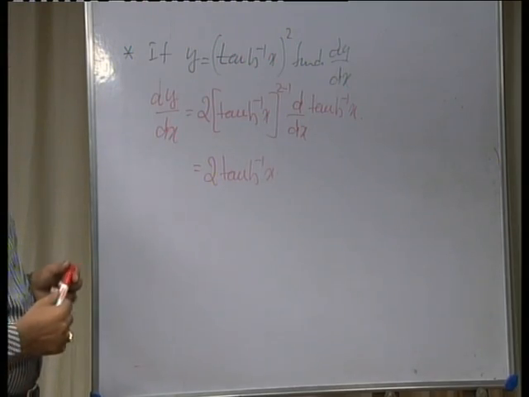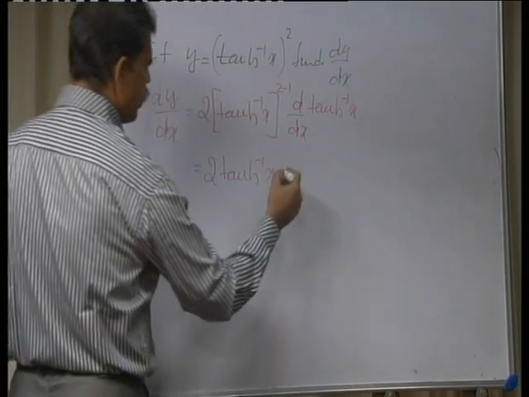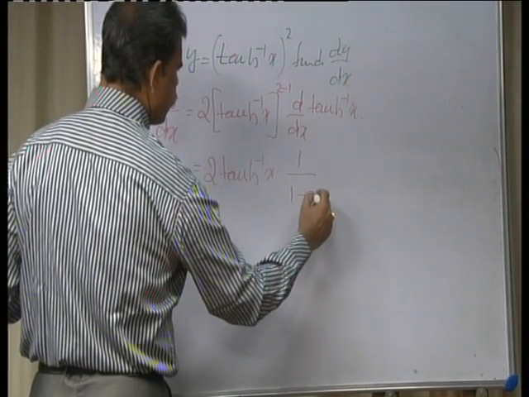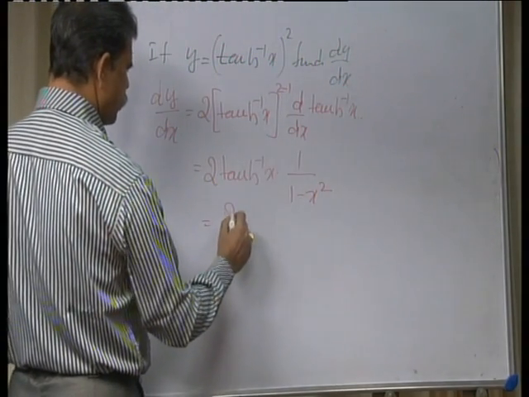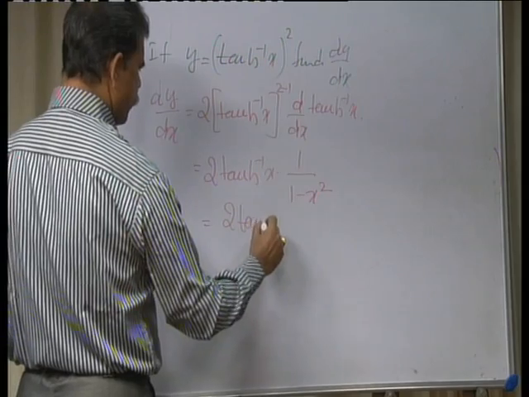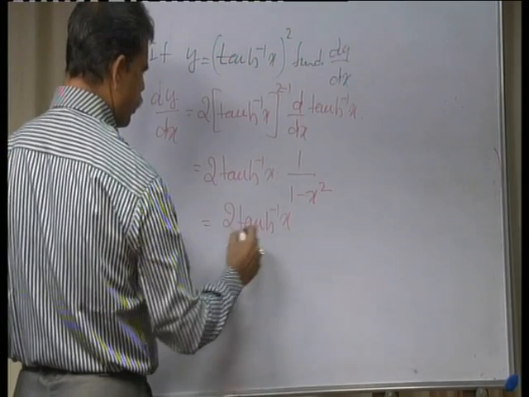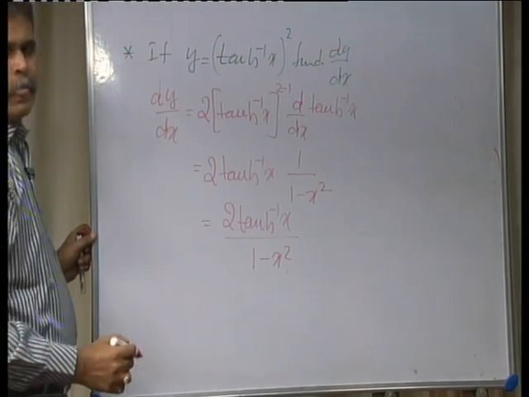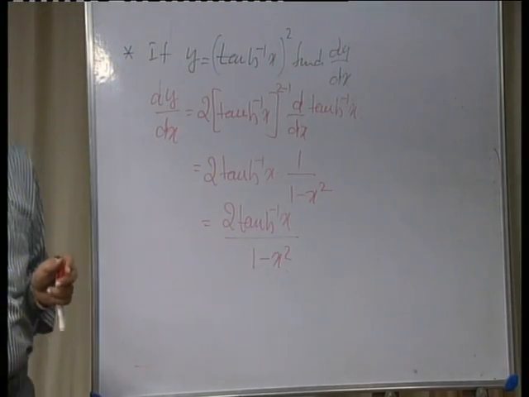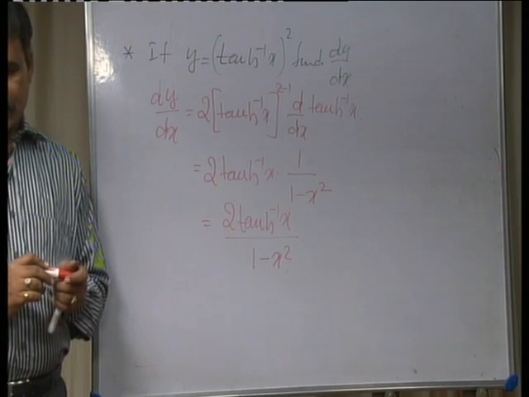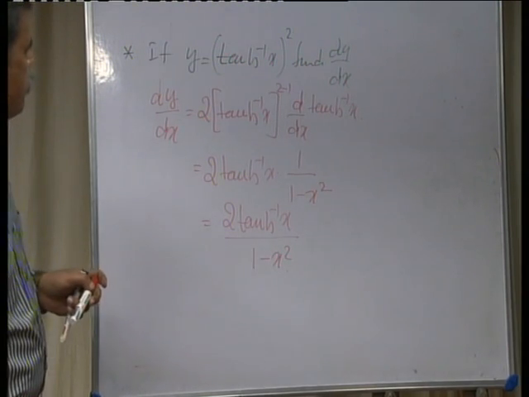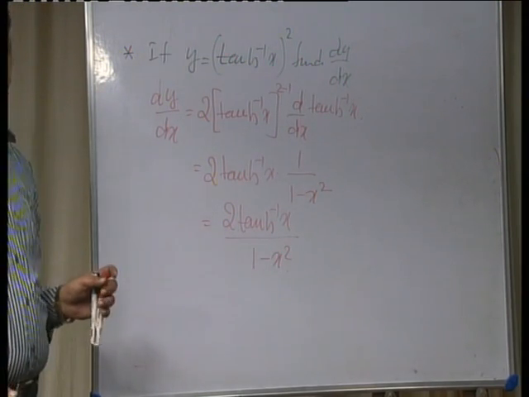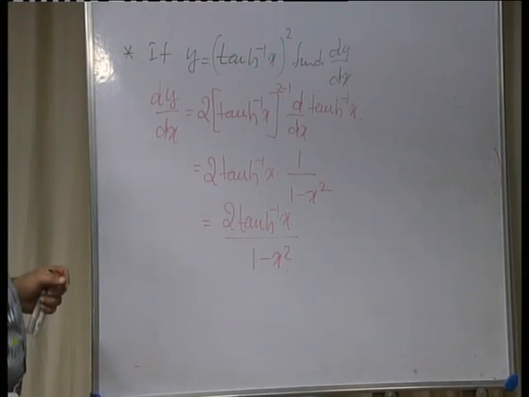It is 1 by 1 minus x square, which is equal to 2 tanh inverse x divided by 1 minus x square. This is the differentiation of the function y is equal to tanh inverse x whole to the power of 2.